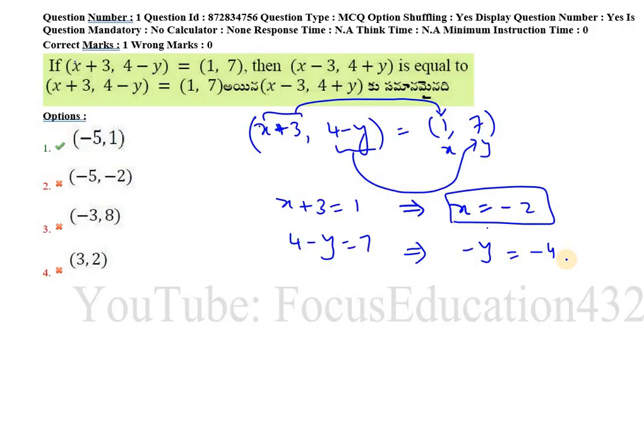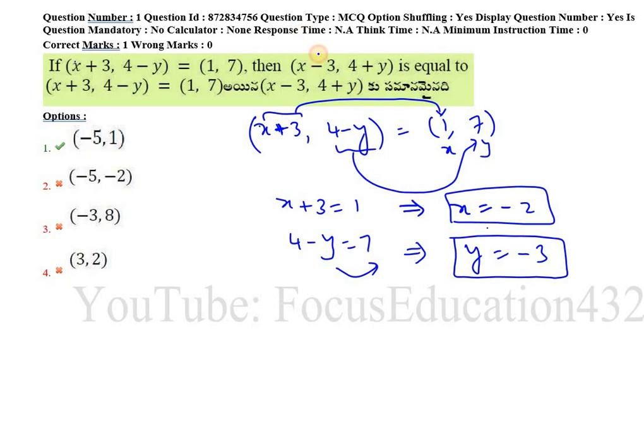Minus 4 minus y is equal to minus 7 means y, if we take y to this side, y is equal to 4 minus 7, that is equal to minus 3. So we got here x value as minus 2 and y value as minus 3.